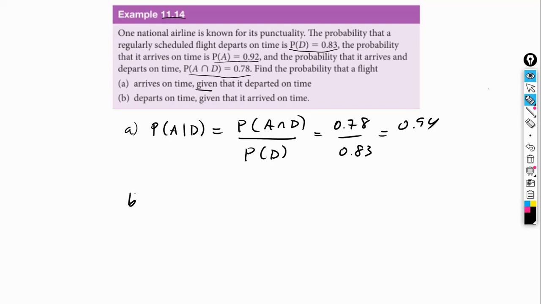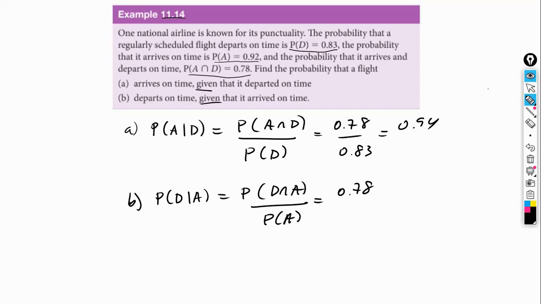For B, the probability that a flight departs on time given that it arrived on time. So this is the probability of D given A, which is the probability of the intersection of D and A over the probability of A. And then this is going to be 0.78, but this time divided by 0.92, which is going to give us 0.85.